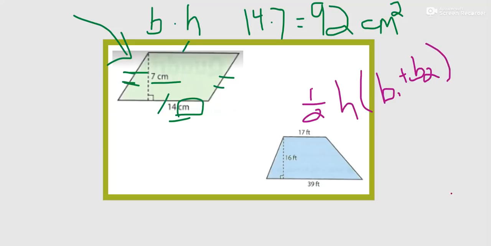So if we were to write this out, it would be 1/2 times 16 because that is our height.